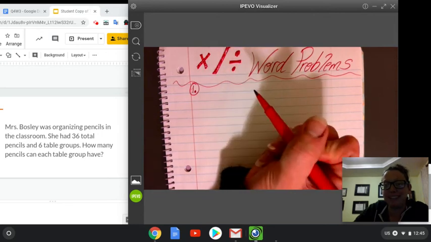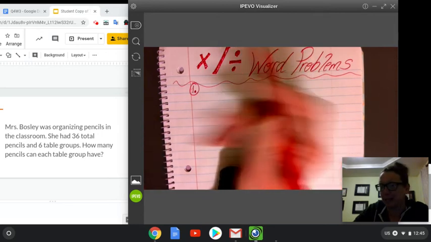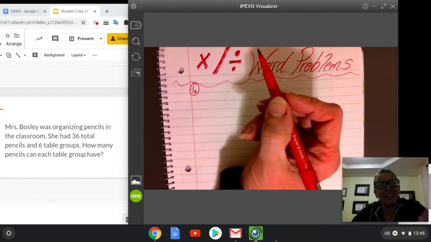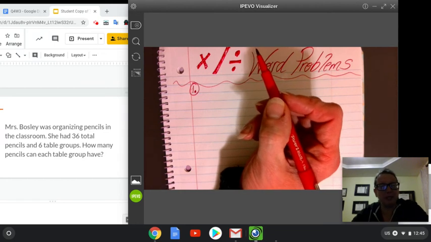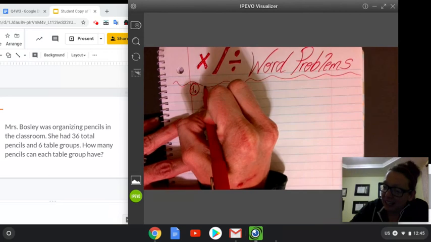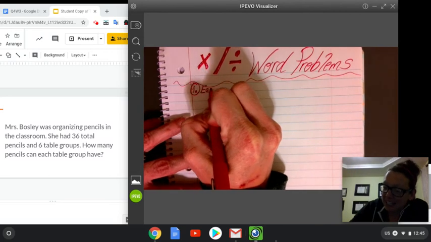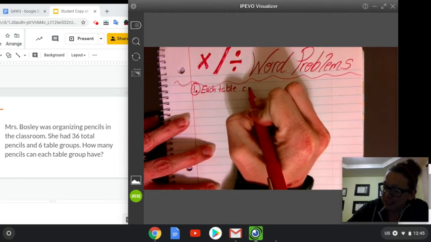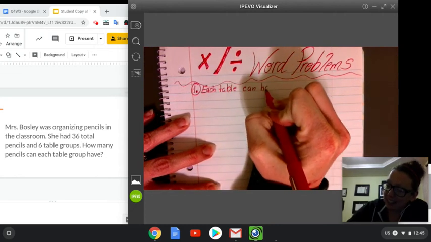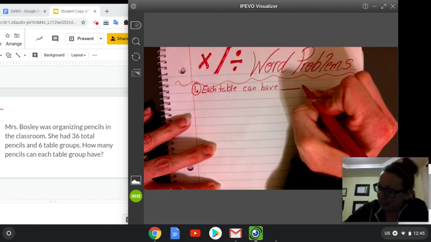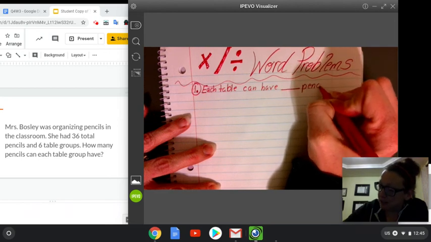So I want to restate that and make it a statement, not a question, using the words that are in the question, though. So when it says, how many pencils can each table have? I want to say each table can have blank pencils.